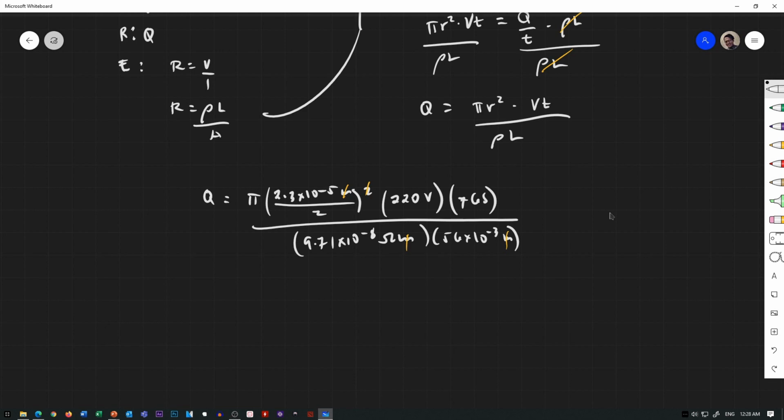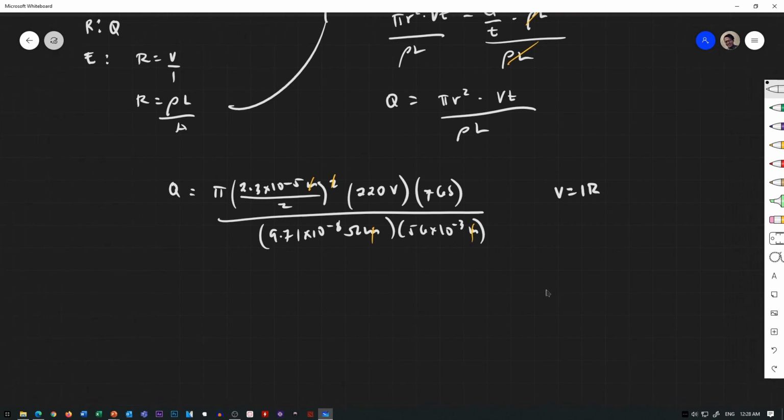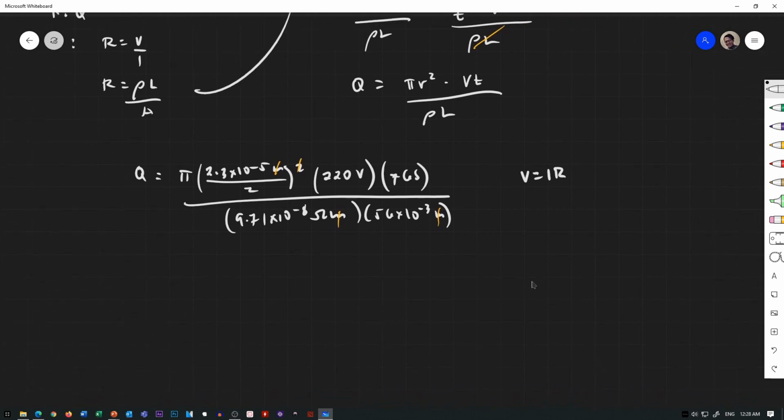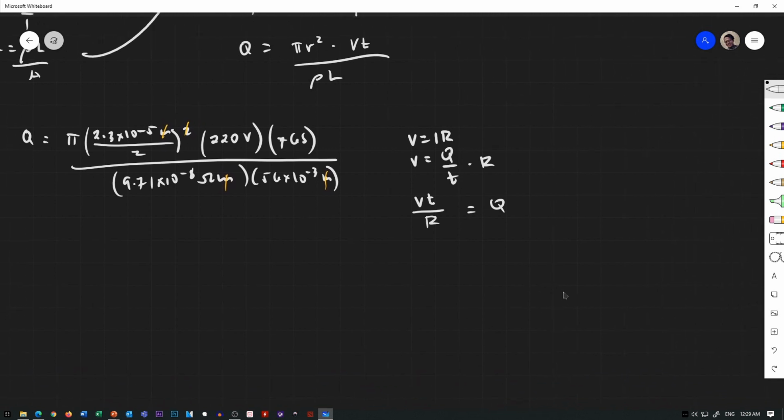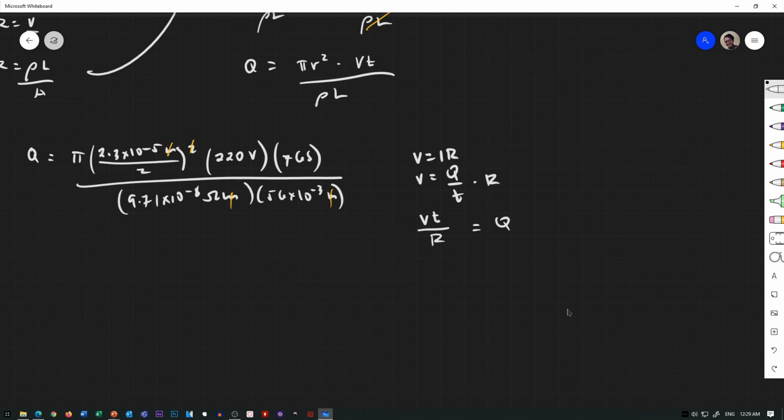So for this one, you can just use Ohm's law, right? So unit for Ohm's law, so you have V is equal to IR, right? Then our unit for this, we can retain voltage. Then you have I, which is Q over T, right? Multiplied by resistance. So you can see here VT over R is equal to Q. As for the cancellation of units, you can convert this to units.